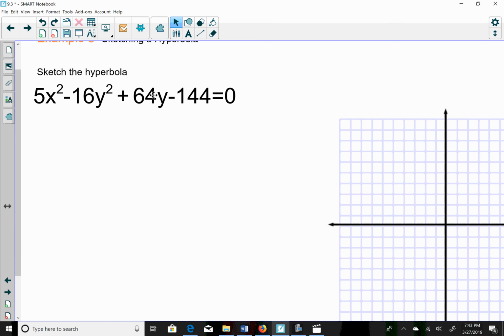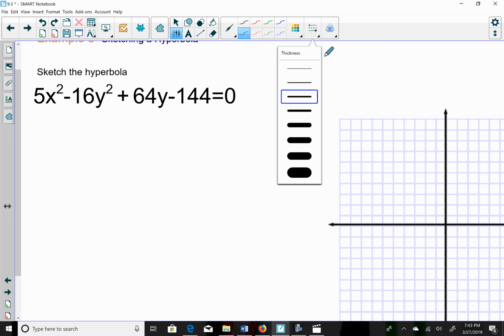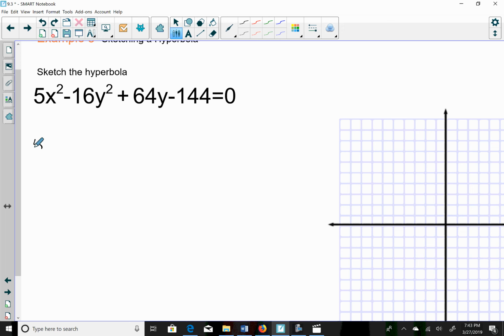Let's reorganize. So when I look at this, I have 5x squared. I don't have any other x's. So I'm going to have 5x squared here. And we have minus 16y squared plus 64y, that's really messy, sorry about that, is equal to 144.